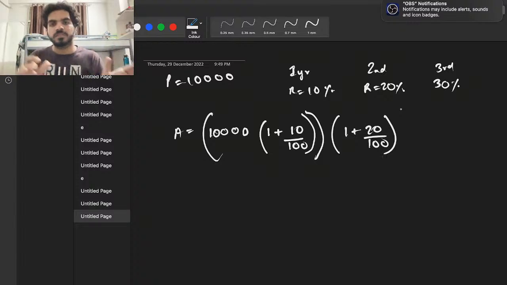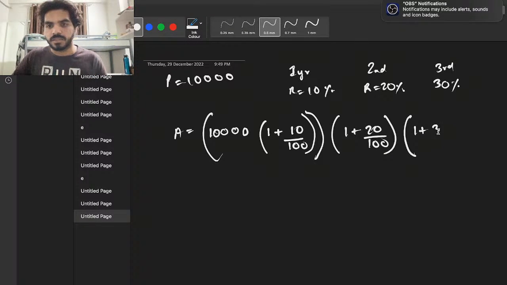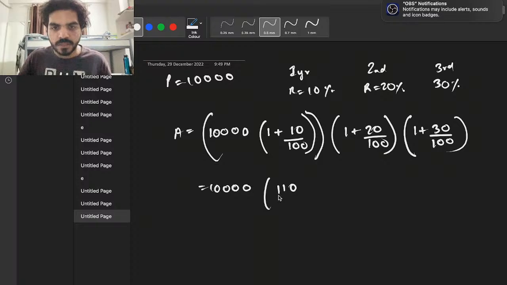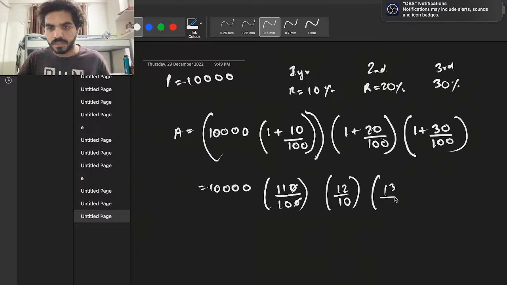Similarly, this part will be the principal for the third year, 1 plus 30 by 100. On solving this, what we get is 110 by 100. Cancel it out. This will be 12 by 10, 13 by 10.